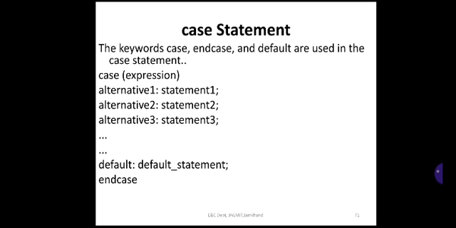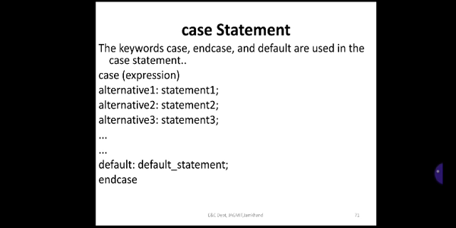We'll see the syntax for this one. Case is a keyword followed by some expression. That expression is evaluated and the alternatives are checked one by one. If it matches alternative 1, then statement 1 is executed.